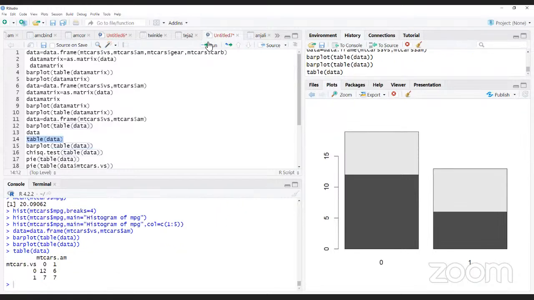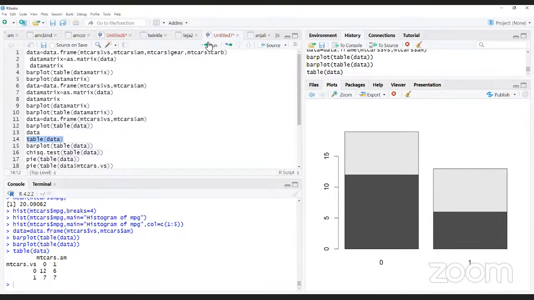Yeah, so here you can find the 19. Okay. Initially, 0 will be the 19 and 1 will be 13. Okay. And this is divided into two categories.